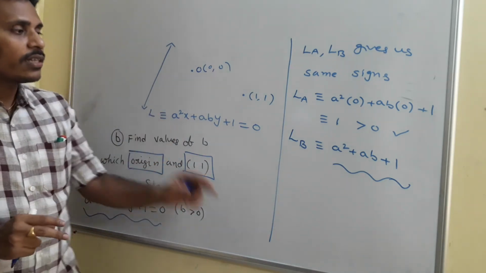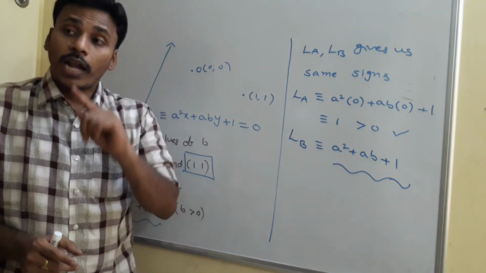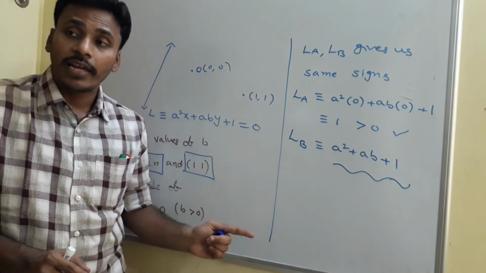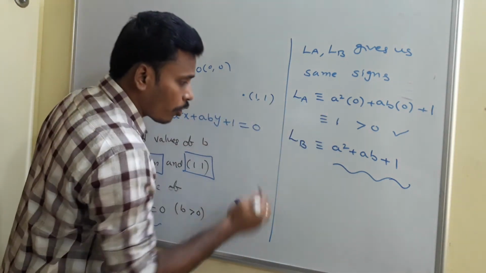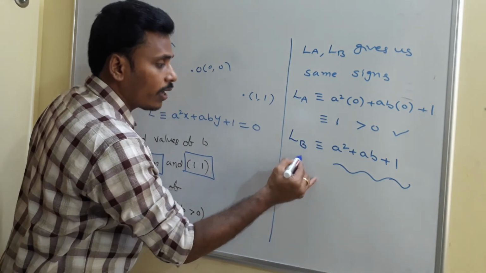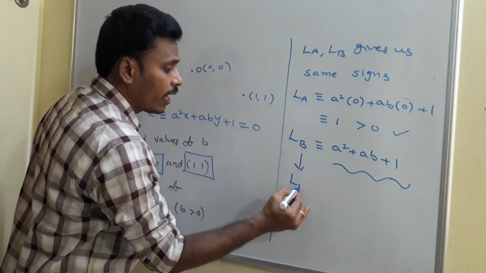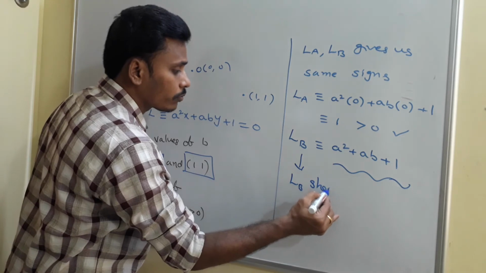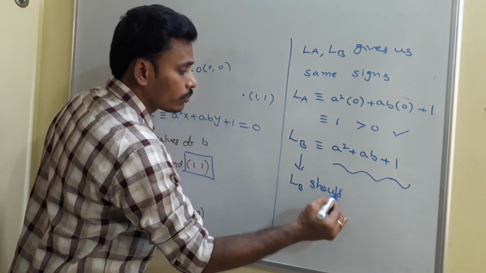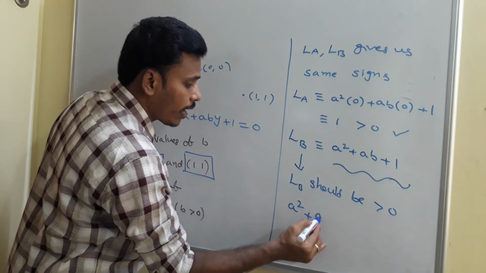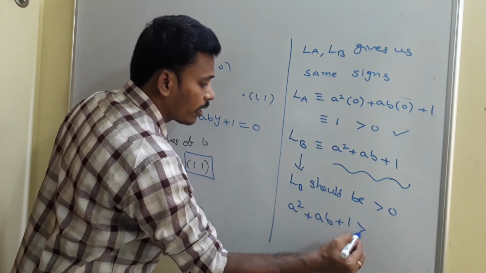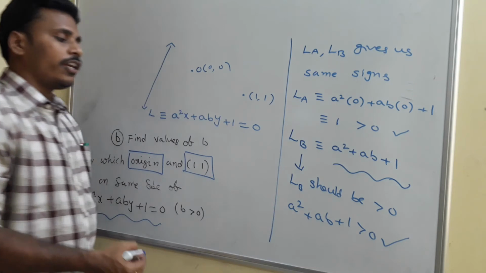And now since the points are on the same side, you need to maintain the same sign for those two. Since L(A) is positive, L(B) should be positive, in the sense a squared plus a b plus 1 greater than 0 is the relation.